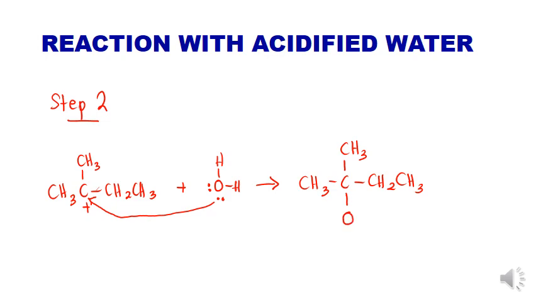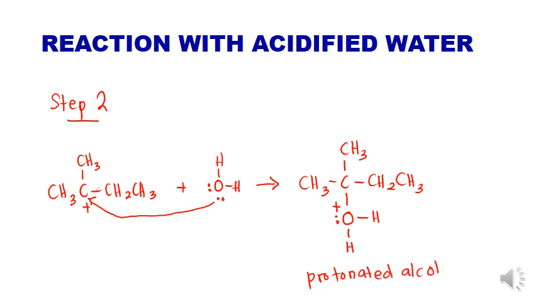of protonated alcohol, which is the oxygen atom using its lone pair to bond to the carbon and having a positive charge. So now we have this product, which is called the protonated alcohol.